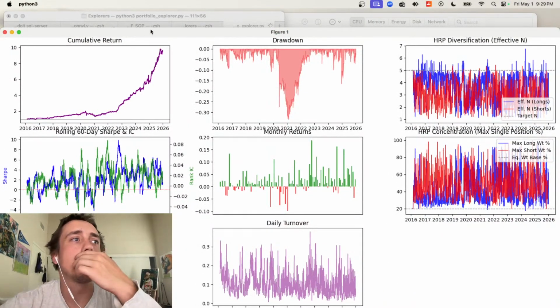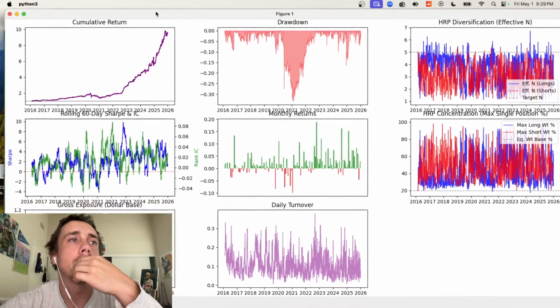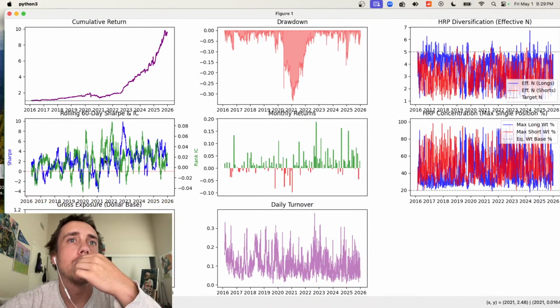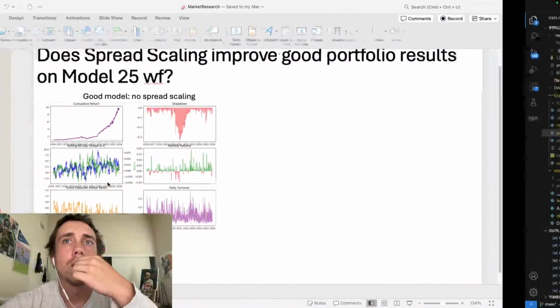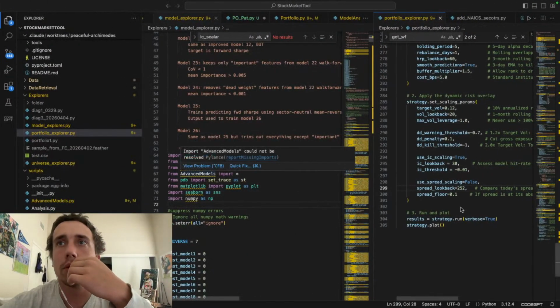So more intense penalty with a longer look back. So if I set the floor to 0.1.